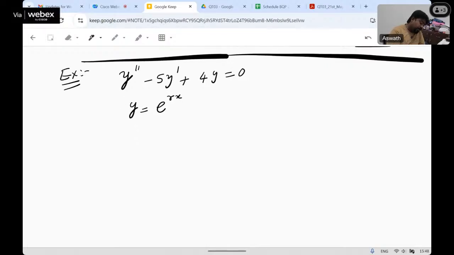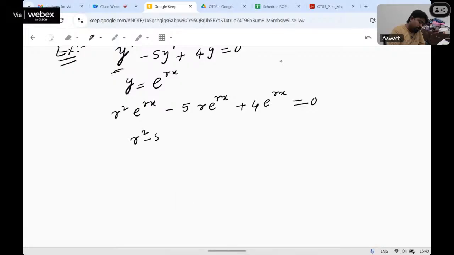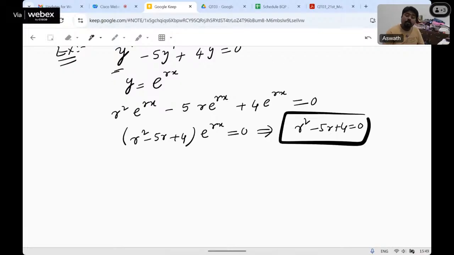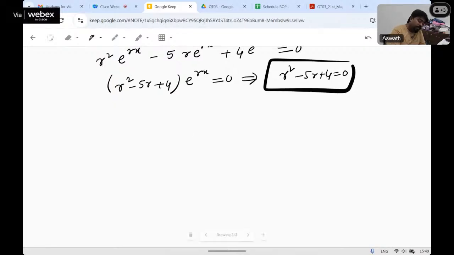What I get is y equal to e^rx, and y double prime means r square exponential rx, minus 5 into r into exponential rx, plus 4 into exponential rx, equal to 0. You can reduce this to a simpler form: r square minus 5r plus 4 times exponential rx equal to 0, which implies the only possibility is r square minus 5r plus 4 equal to 0. Now what are the solutions of this quadratic equation?